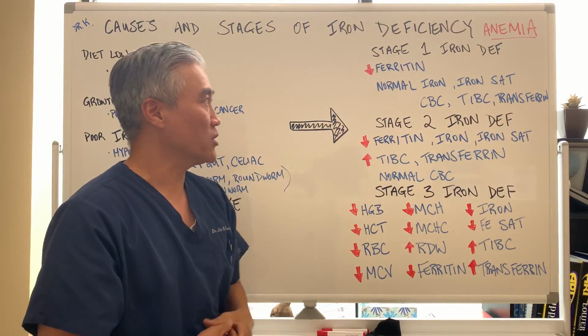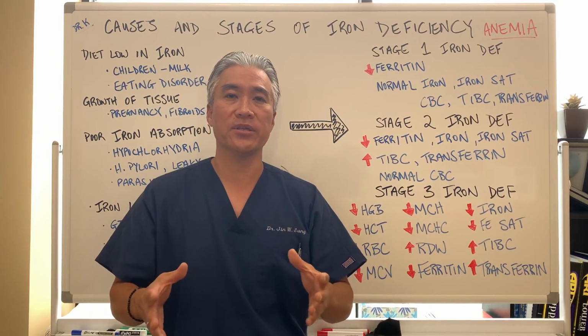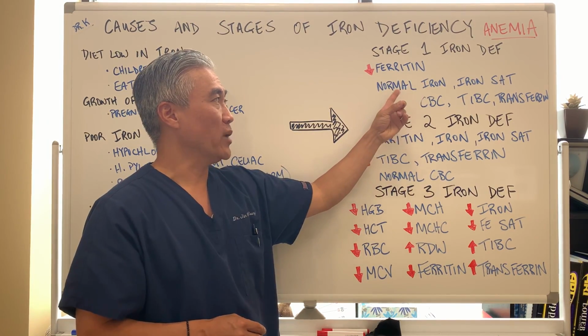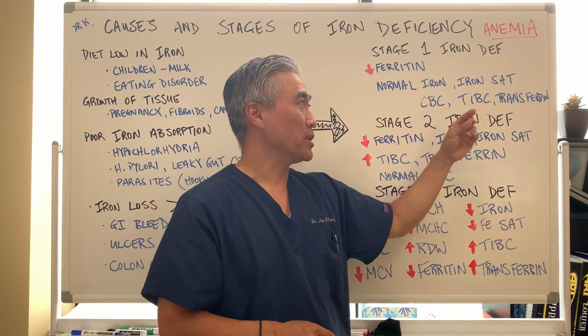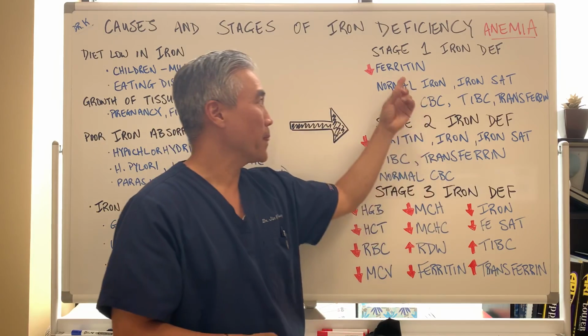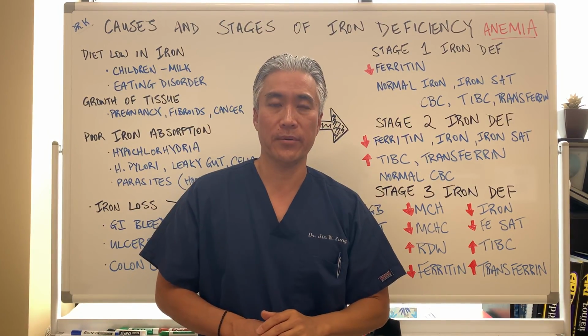So stage 1, iron deficiency, all you might see is a low ferritin, which is your storage iron. You might have low ferritin, but you have normal iron, iron saturation, a complete blood count, total iron binding capacity, and transferrin. So everything might be normal, but you're going to start to see a low ferritin number, okay?